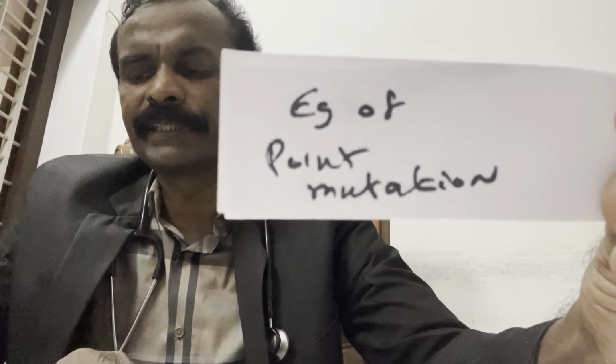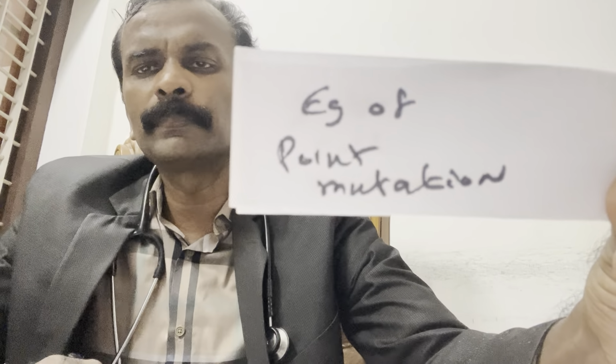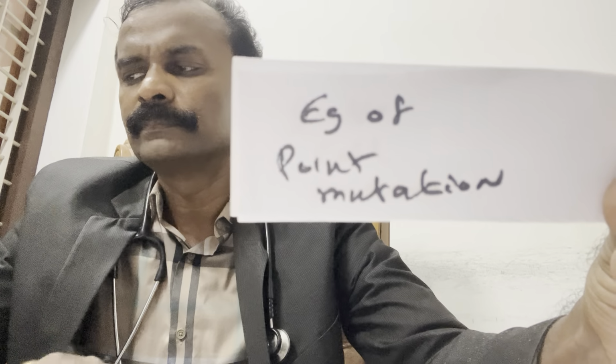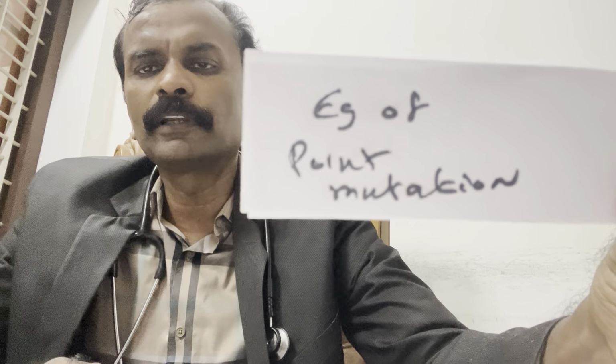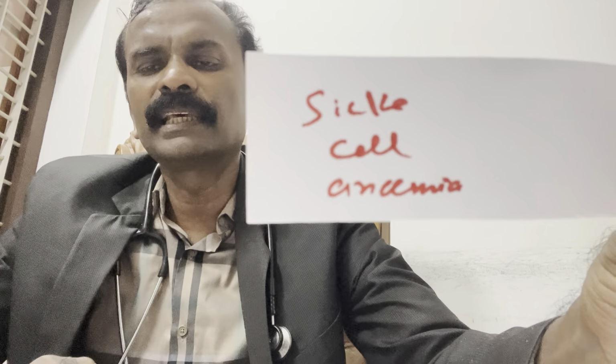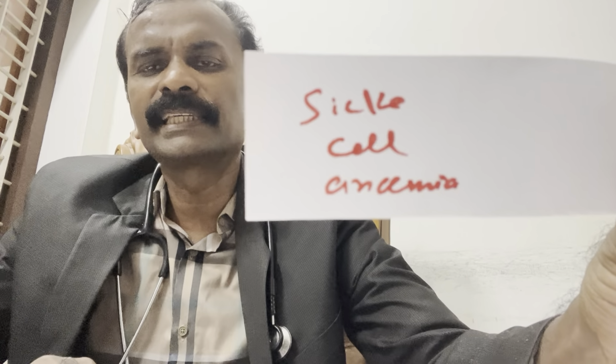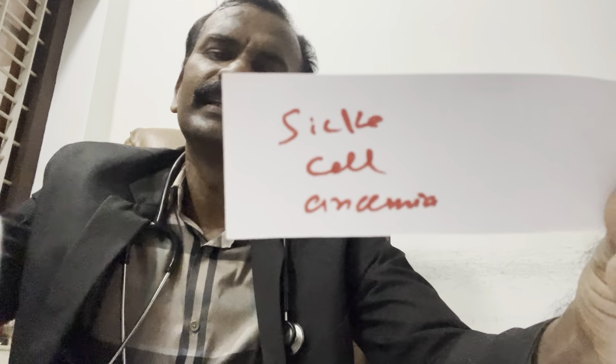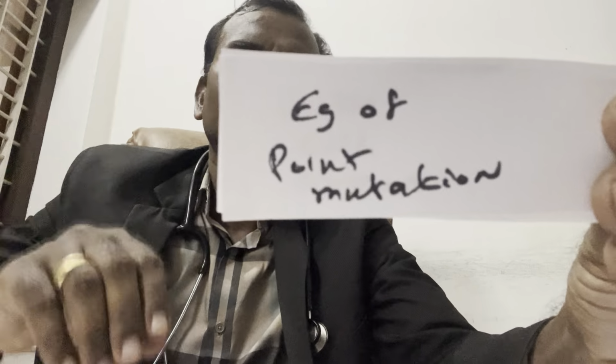Example of point mutation. Any idea? Sickle cell anemia. SICKLE. Sickle cell anemia is an example of point mutation.